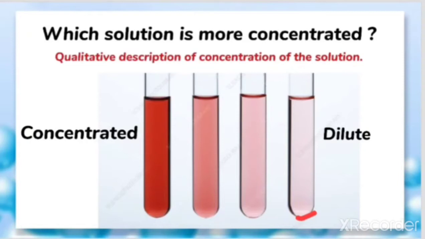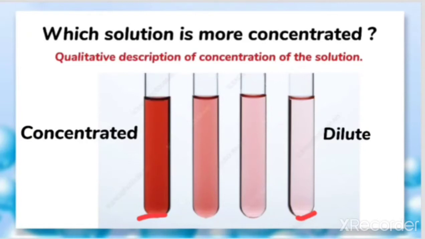On the other hand, this one is called the concentrated one. Why? Because a relatively very large quantity of solute is found in it. So here we are expressing the concentration only qualitatively. This is a qualitative description of the concentration of the solution.